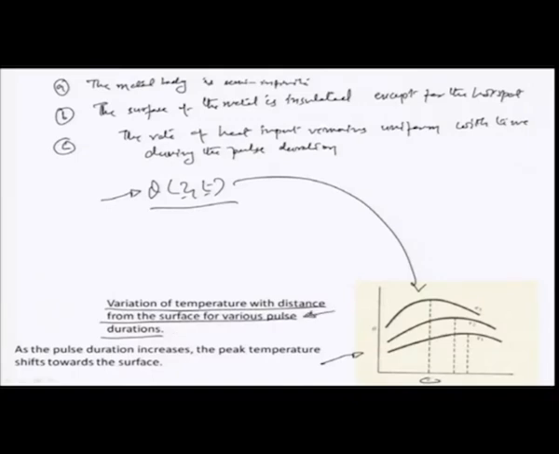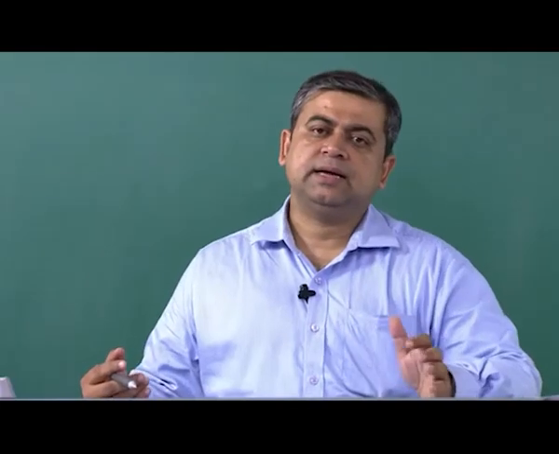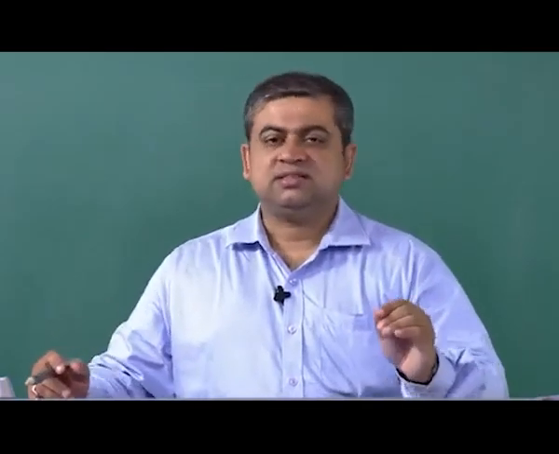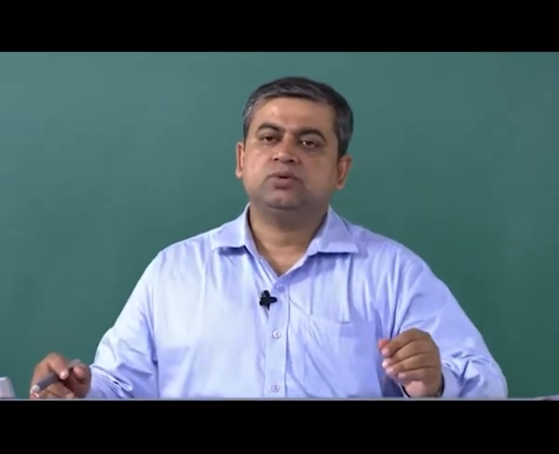So, if the pulse time is greater, for example, tau 3 is greater than tau 2 is greater than tau 1, there is a gradual shift observed of the maximum temperature point towards the surface. So, as if the beam transparent layer that the electrons seek through while going into the metal is decreasing because of an increase in the pulse duration.